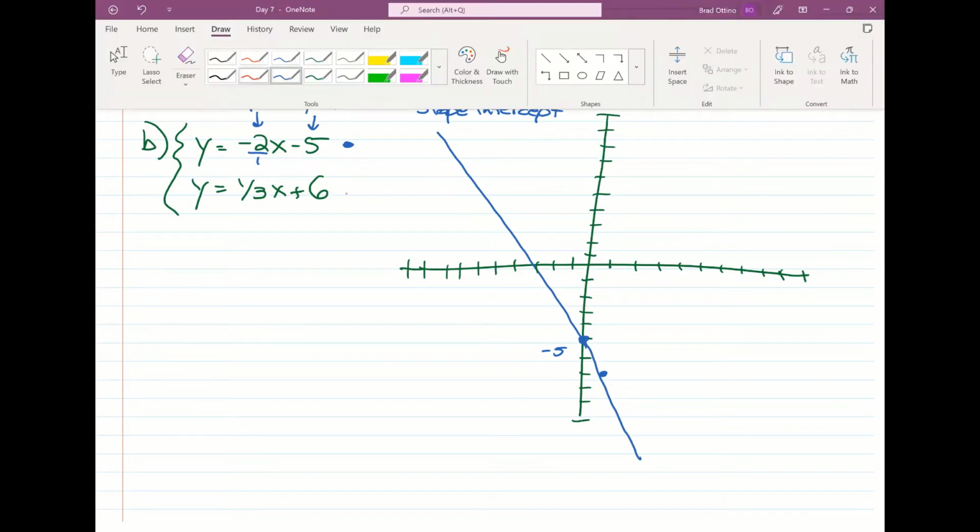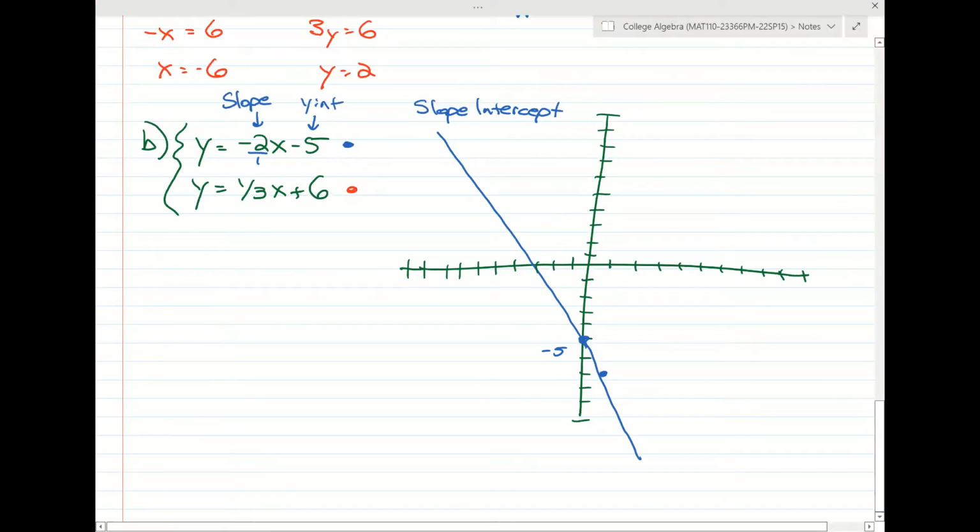For that second equation, we could start at 6 on the y-axis, and then go up 1 over 3. And we get a line that looks something like that, and the solution would be whatever this point is.